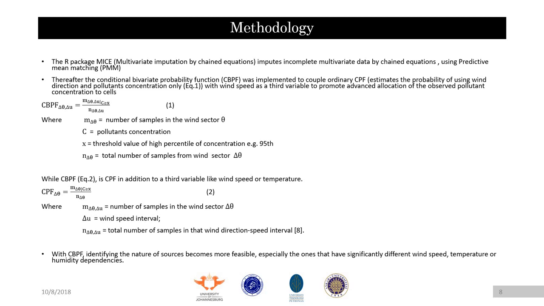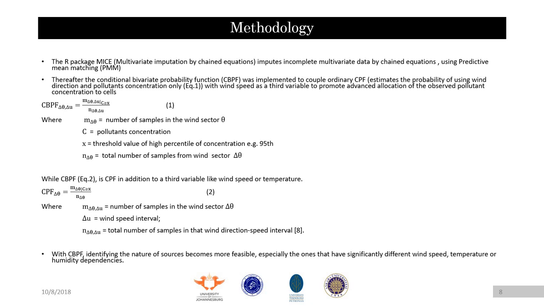So mainly the CBPF depends on the number of samples in the wind sector, also the pollutant concentration, with the threshold value of a high percentile of the concentration and the total number of samples from the wind sector. When we include additional parameters like wind speed or temperature, the wind speed interval will be integrated with the equation.